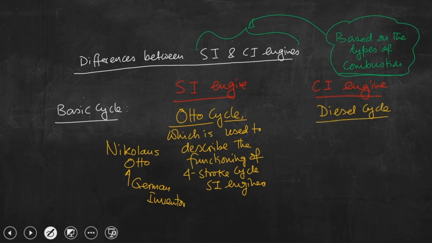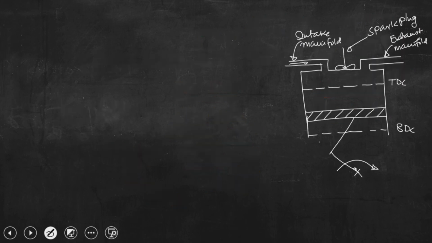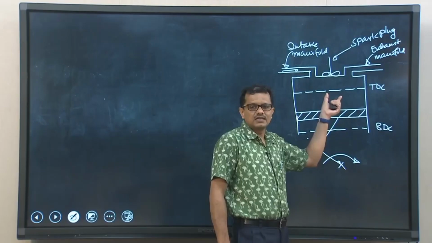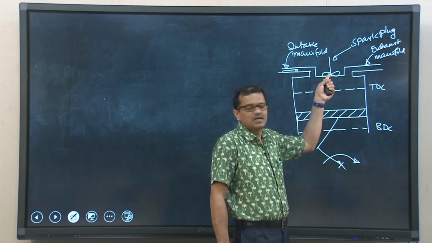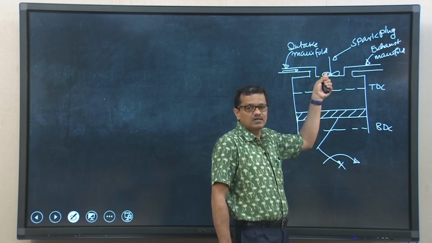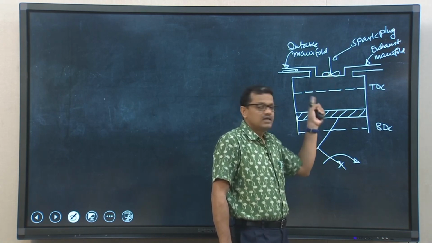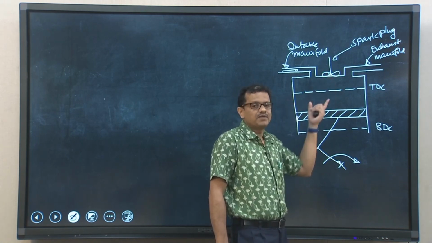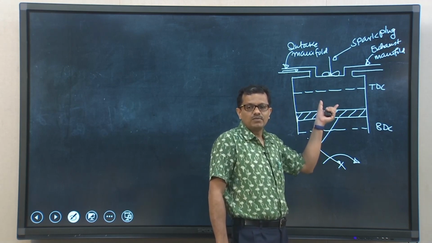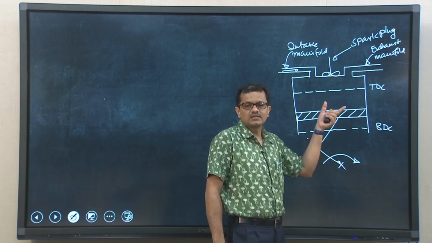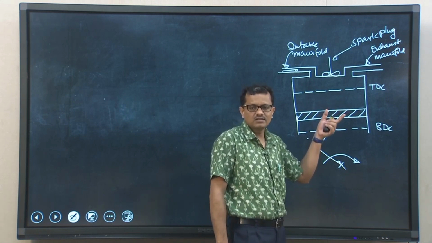Again, let me tell you, if this is the schematic for a CI engine, then the spark plug should not be there. Instead of a spark plug, a fuel nozzle will be there. And if we need to describe the functioning of the 4-stroke cycle CI engine, we need to map all the processes in several thermodynamic planes.